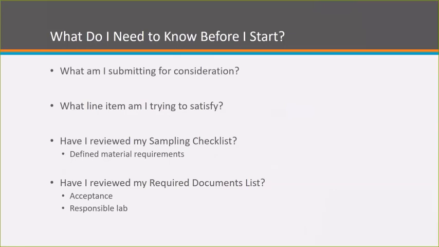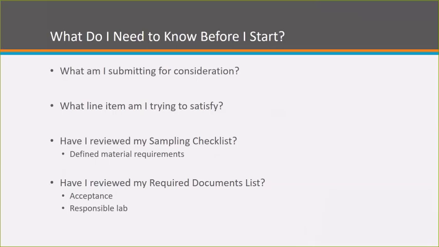We want to know what line item we're trying to satisfy. You'll want to know whether or not you've reviewed your sampling checklist. Are your materials defined in your requirements? And finally, have you reviewed your required documents list?